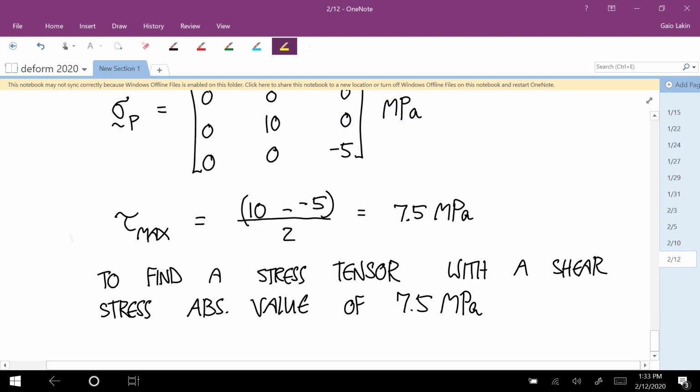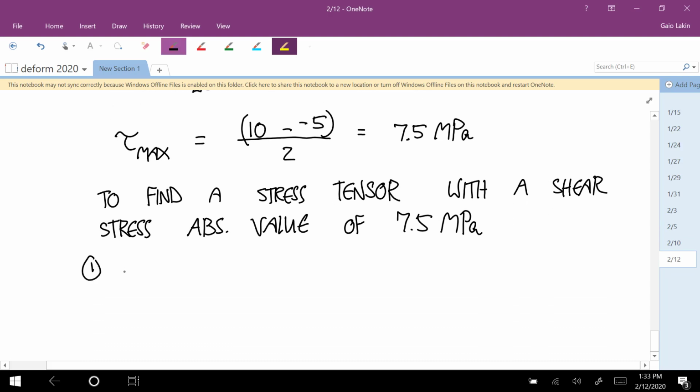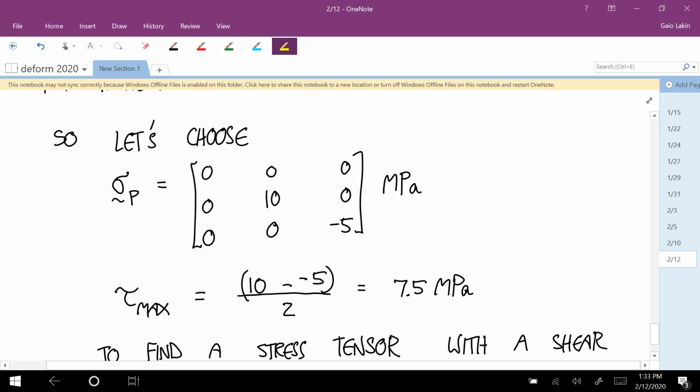identify the axis corresponding to the middle eigenvalue. In our new coordinate system, which of these axes, x, y, or z, corresponds to the middle principal stress? X, yep, because that 0 is the middle of the 3.